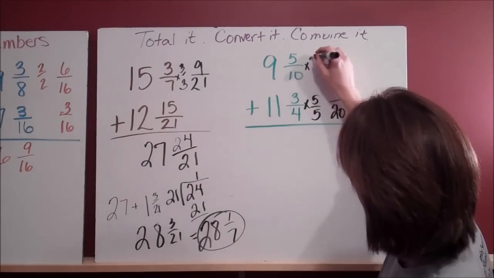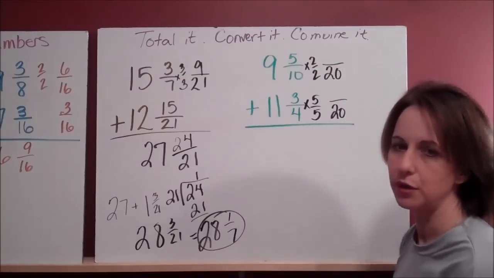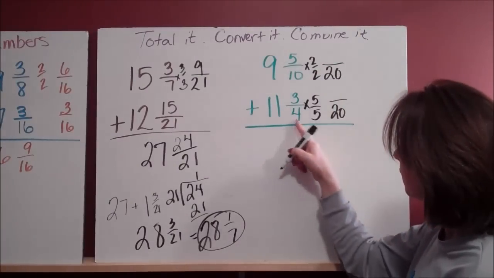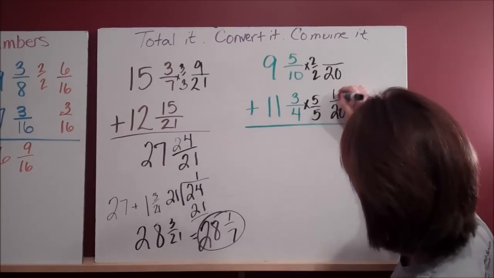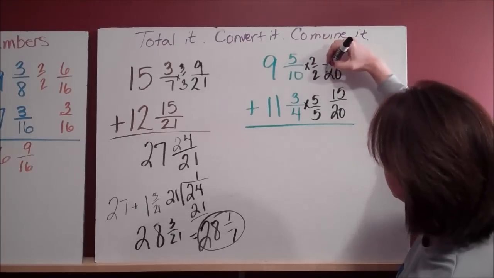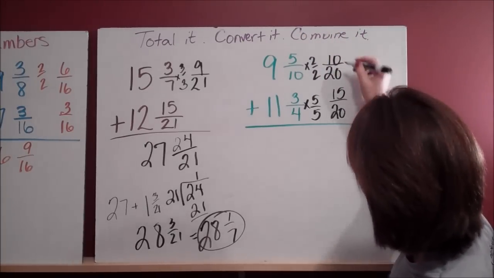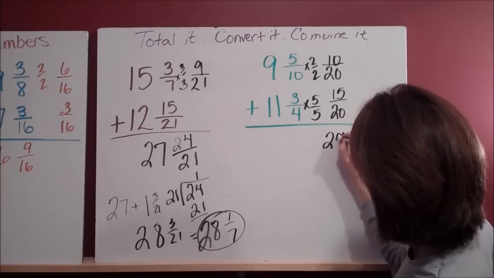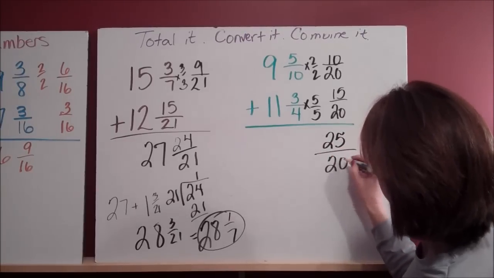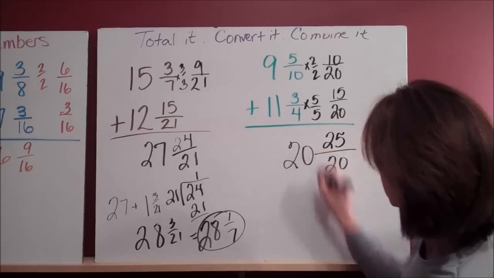And on this fraction, I have to use the form of 1 known as 2/2. 4 times 5 is 20, 3 times 5 is 15. 10 times 2 is 20, 5 times 2 is 10. So 10 plus 15 is 25/20ths, and 11 plus 9 is 20.